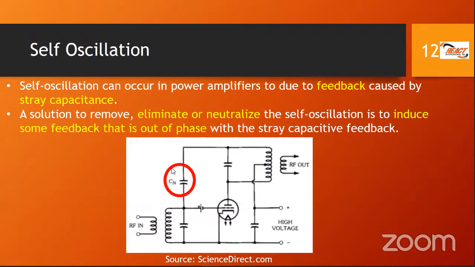So introducing that extra capacitance eliminates or neutralizes the effect of the parasitic or stray capacitance that the circuit may very well have as a result of the other components inside. So it's there and we can do something about it, and that is called neutralizing.